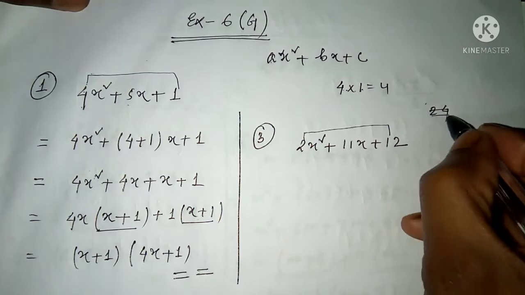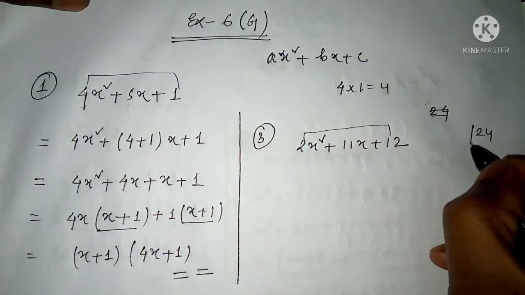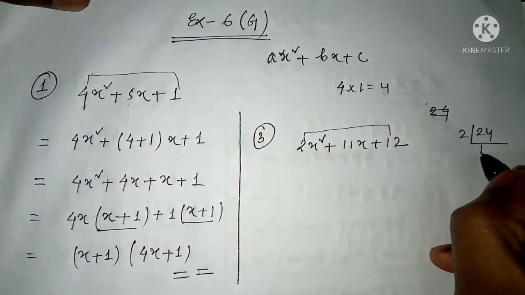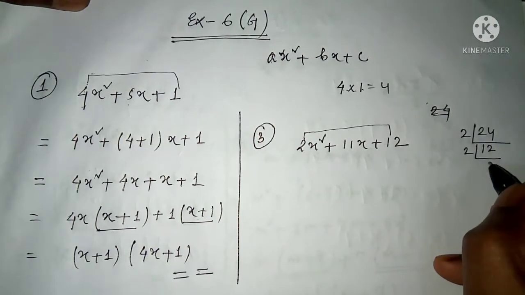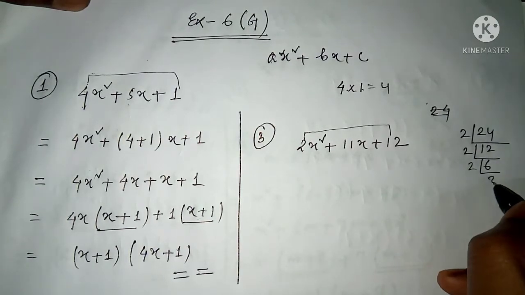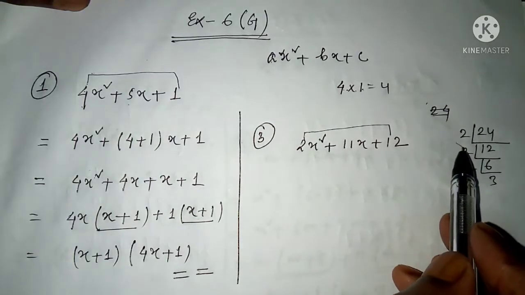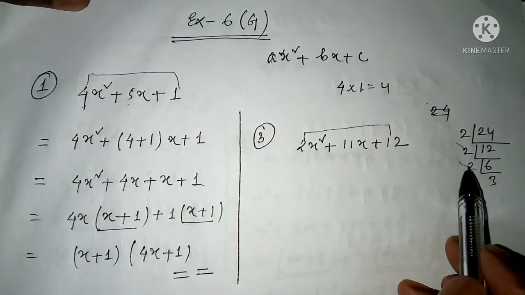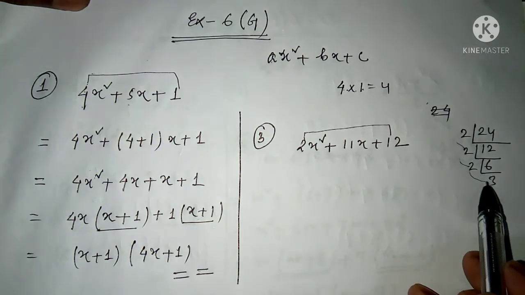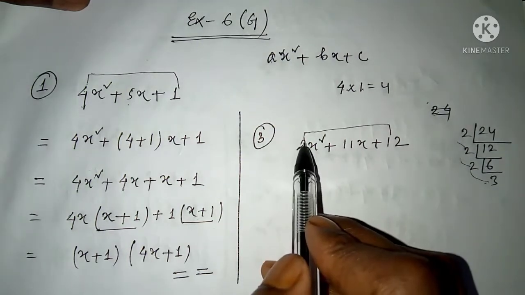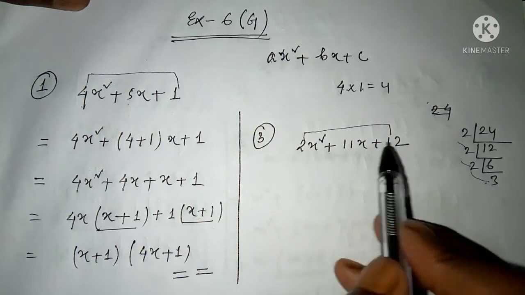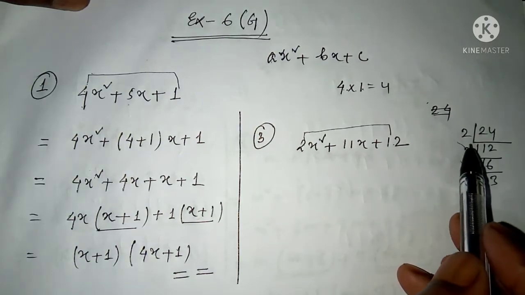Then you can see here, I'll factorize 24: 2 divides 12, again 2 divides 6, again 2 divides 3. Now what I need is 11. Then 2 twos are 4, 4 twos are 8, 8 into 3 is 24, which is the product of the coefficient of x square and the constant term. Now this is satisfied.